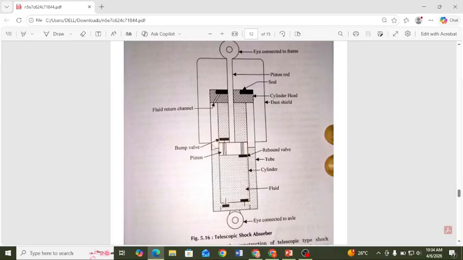We can use different kinds of these for different telescopic presentations. The telescopic shock absorber moves with the help of piston movement, and the fluid undergoes compression and expansion to reduce shocks and give a cushioning effect.